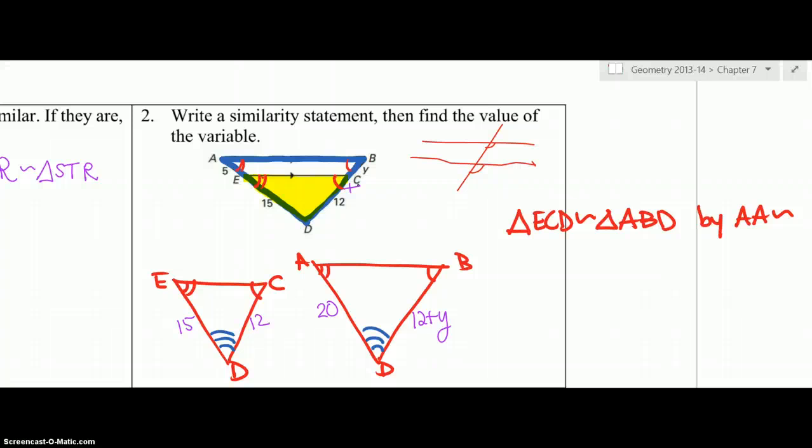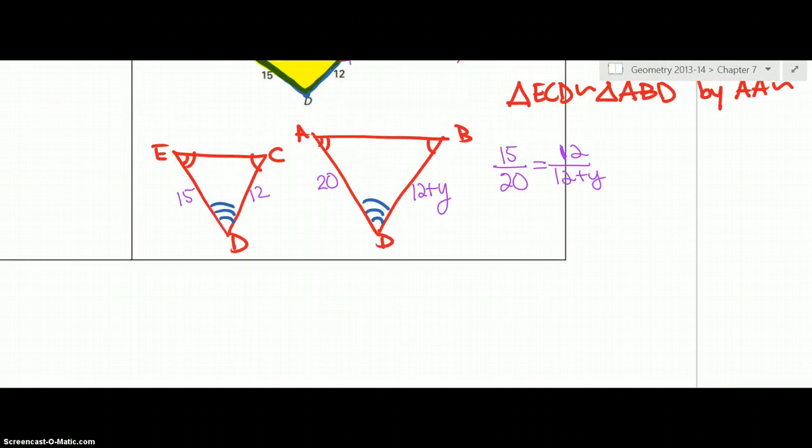So angles are congruent, sides are proportional, so we shall write a proportion, which is just a ratio equal to a ratio, or a fraction equal to a fraction. Okay? So what matches up? I'm going to say 15 matches up with what? 20. And 12 matches up with, okay? And how do we solve a proportion?